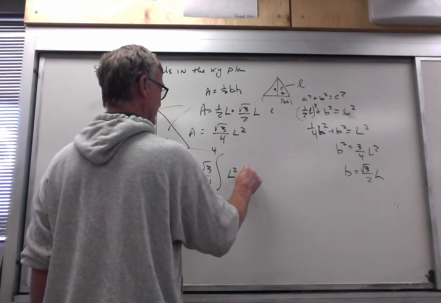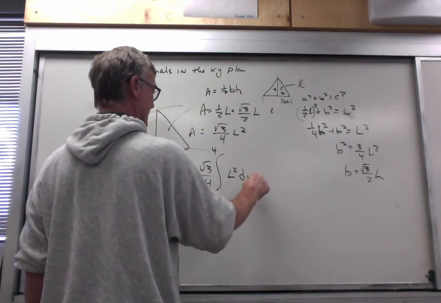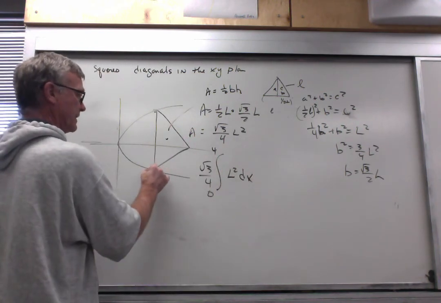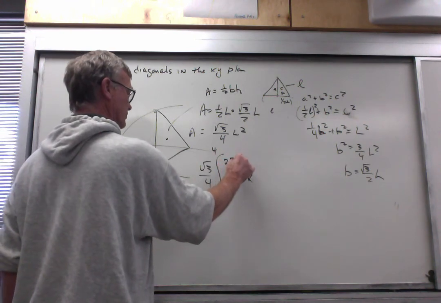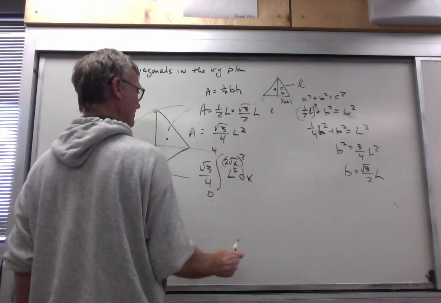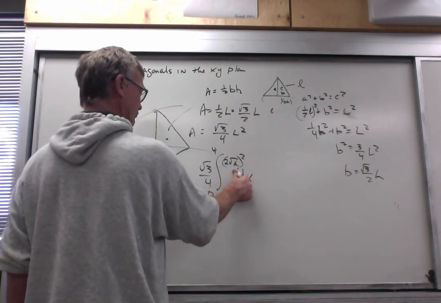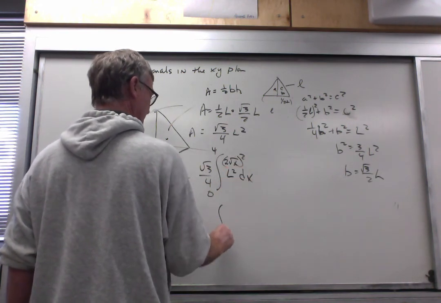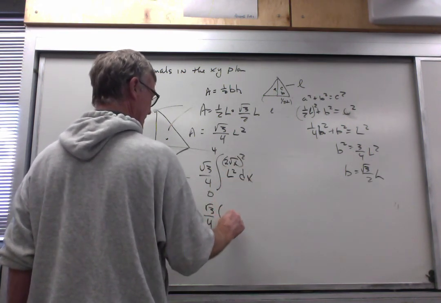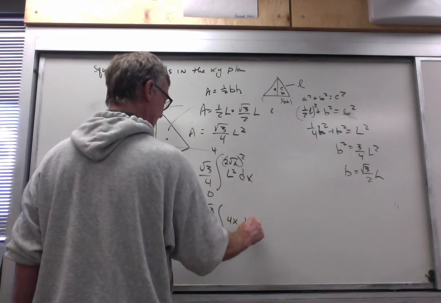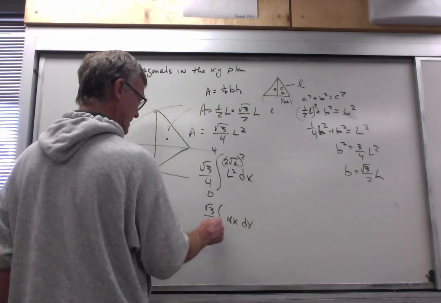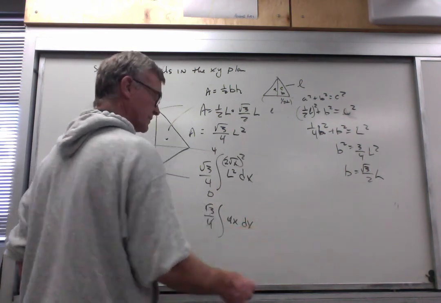L squared dx. Well, what's L squared? It's what we've done before. This would be 2 square root of x squared. And so this actually then, when you integrate it, is square root of 3/4 4x dx. The 4 actually can come out and cancel, and you can solve your problem.